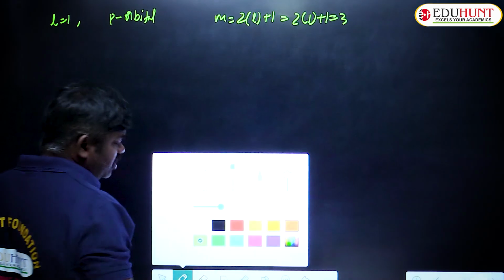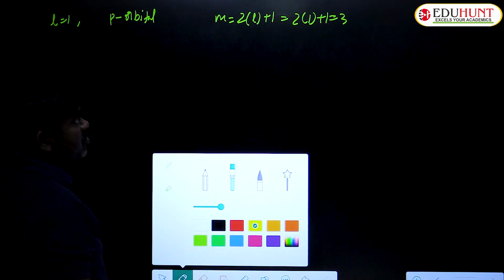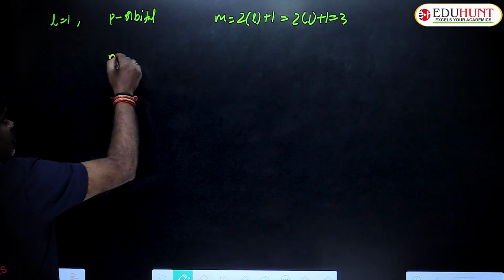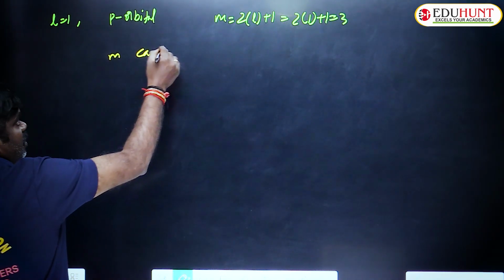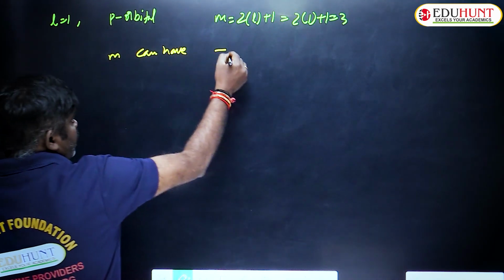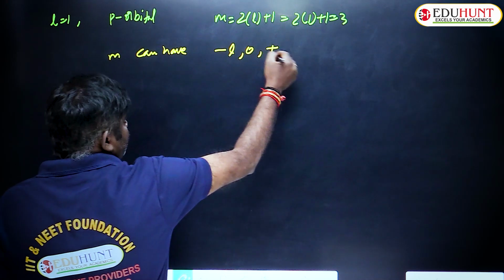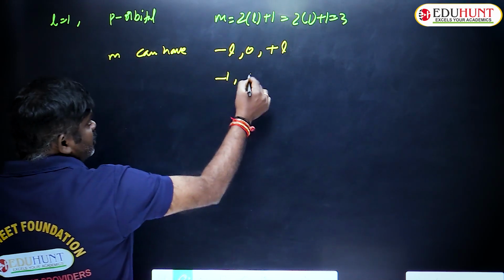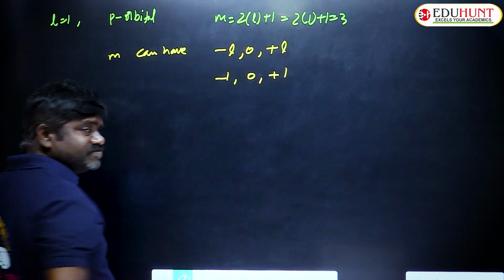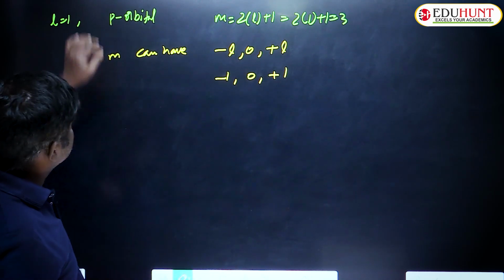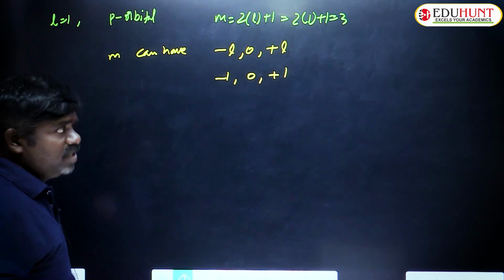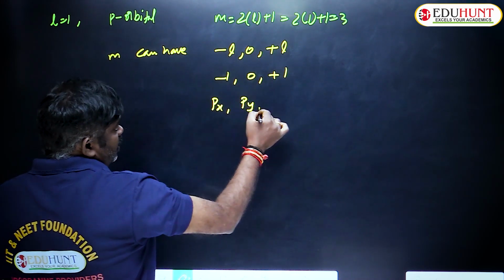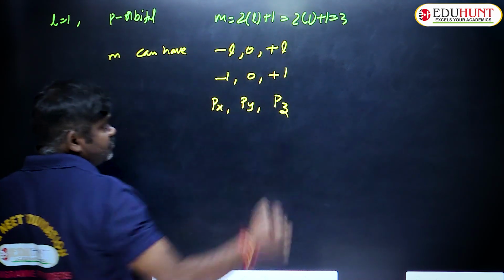So here the number of spatial orientations is 3, that is M can have minus L, 0, plus L. What is the L value? 1. Minus 1, 0, plus 1. So p contains 3 suborbitals, that is Px, Py and Pz.